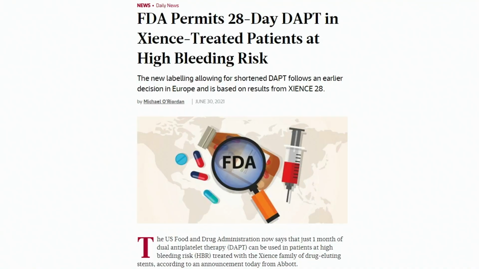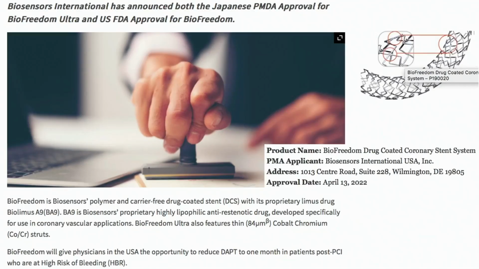Dual antiplatelet therapy for 28 days is safe and effective. Stent wars continued. A year later, there was another stent, the Biosensors BioFreedom stent, that also said that for patients with high bleeding risk, it's fine to do dual antiplatelet therapy for just 1 month. And therefore, we now have patients that are presenting with shorter and shorter durations of dual antiplatelet therapy.